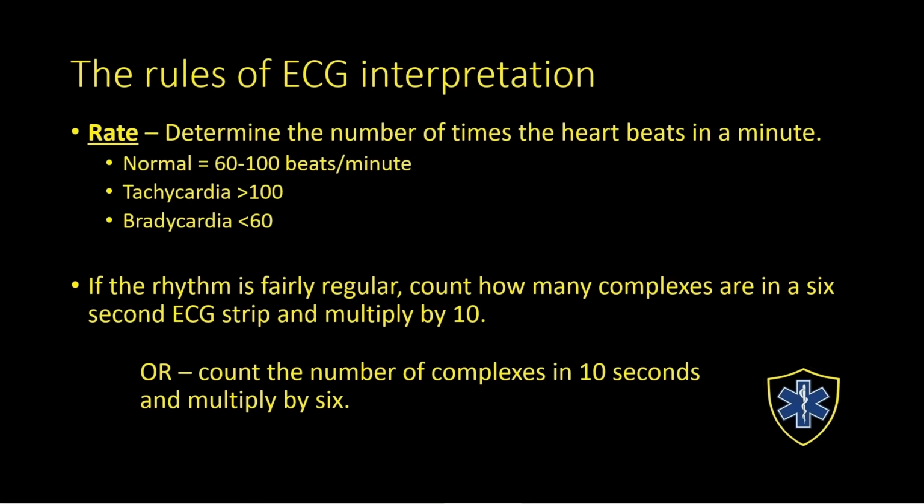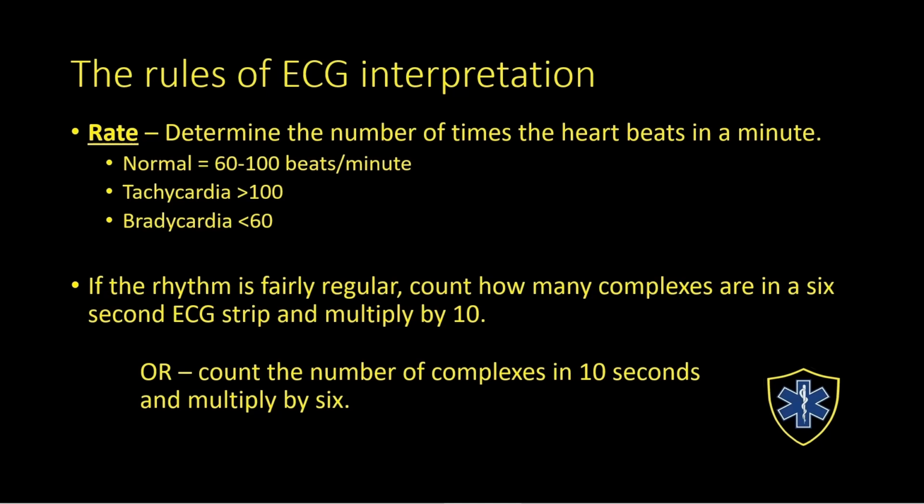So, okay, now we've talked about what a PQRS complex is and what each one of the waves represents. Let's get into the actual rules of ECG interpretation. Now, when we're trying to determine what a rhythm actually is based on a printout, one of the first things we need to determine is the rate, or the number of times the heart actually beats in a minute.